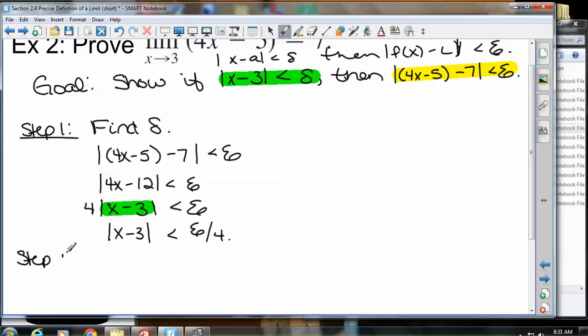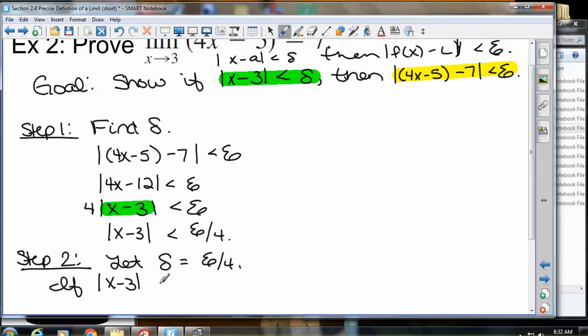Step 2 is the actual proof. So this is the step where I am really going to be critiquing. You can't just write down a bunch of work, you have to write an explanation along with it. We have to use this definition. So I'm going to start out, I'm going to say let delta equal epsilon over 4. That's the formula I just found up here. Then I'm going to go to my goal here.